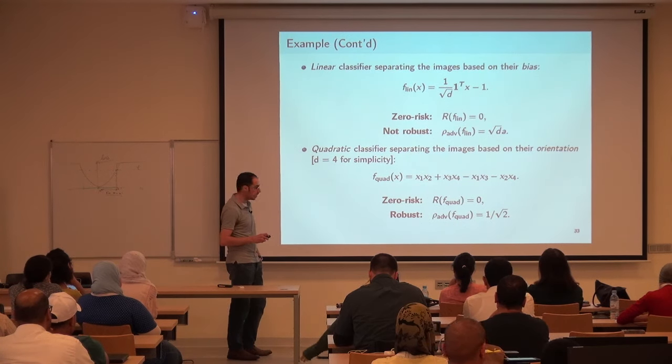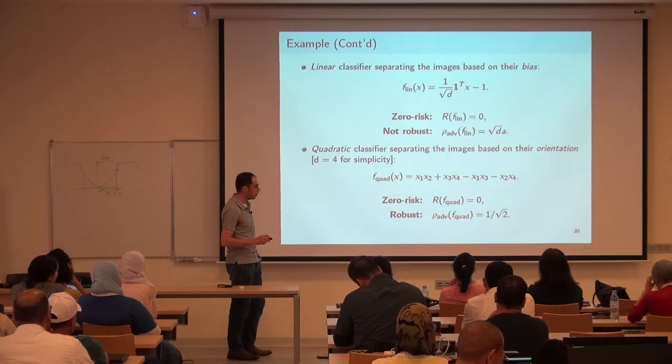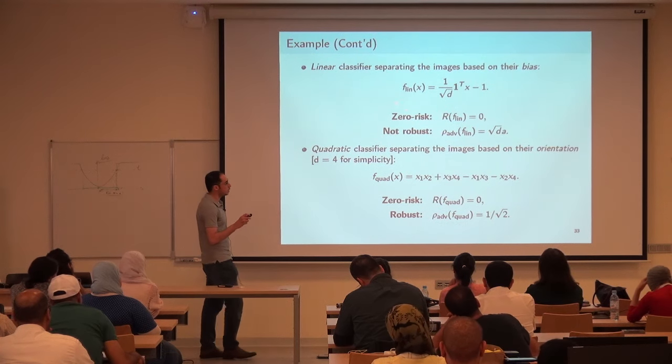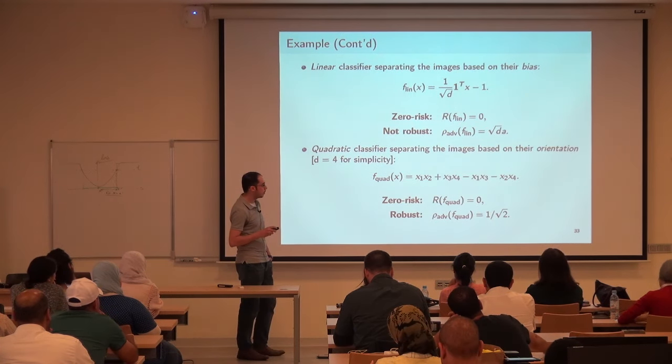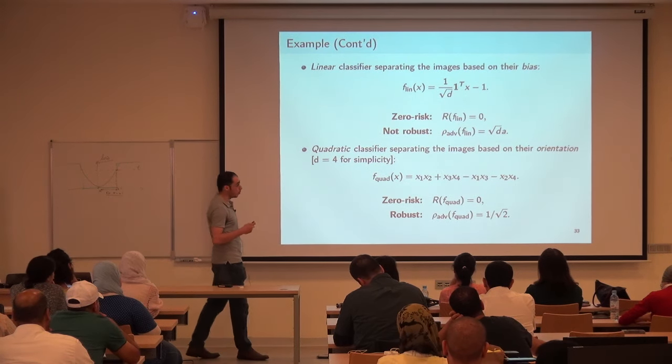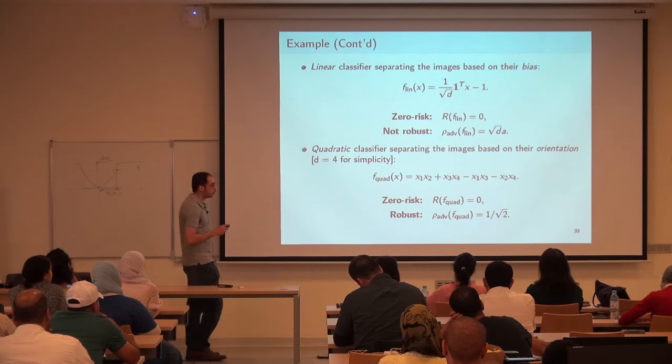Like perfect classification, and you achieve a very good robustness. Okay? So notice the difference between these two things here. This is a linear classifier, this is a quadratic classifier. Both of them achieve zero risk. In other words, both of them solve the task perfectly.